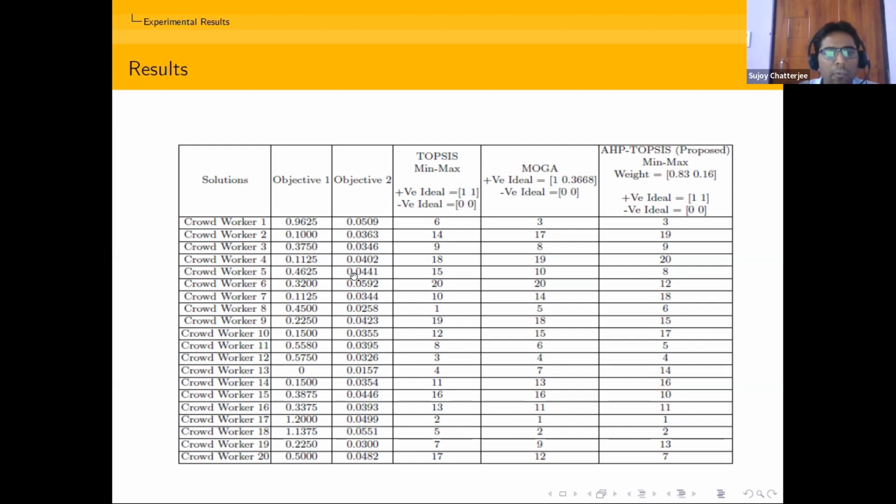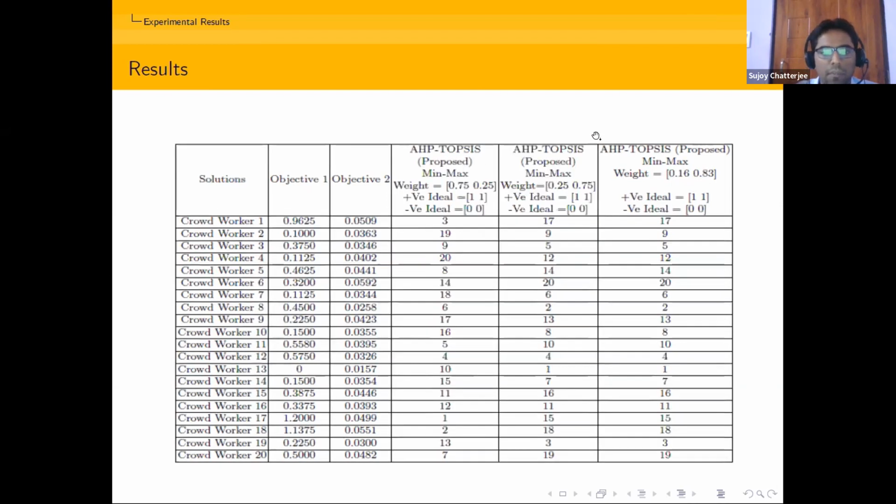So this is how I can put different combinations of weights. Here the coverage weight is 0.83 and 0.16. For MOGA, the multi-objective genetic algorithm, we got weights like 1 and 0.3668. In the AHP-based TOPSIS model, we varied the weights with the Saaty rule, like 1, 3, and 5, and based on that we made the possible rankings. This is how I can solve this kind of ranking for constrained opinion.